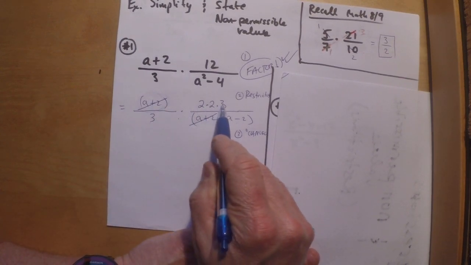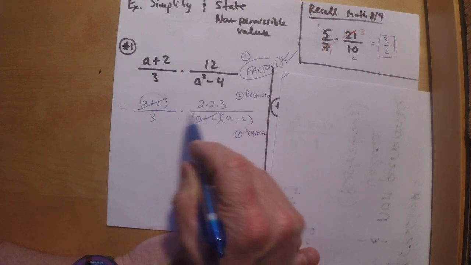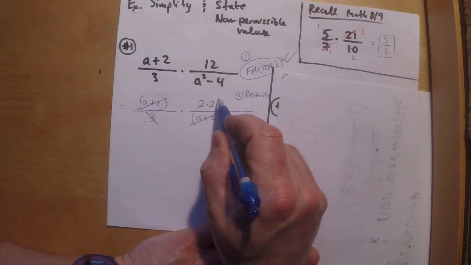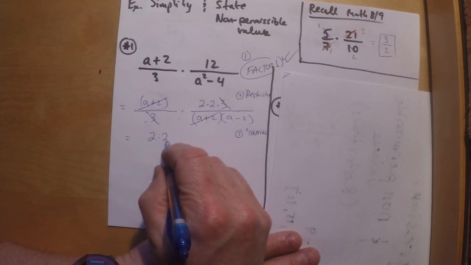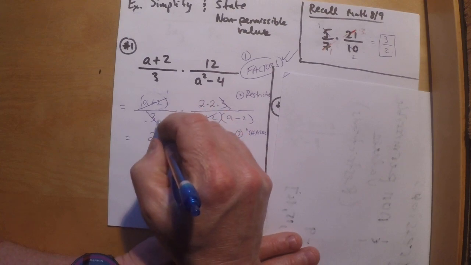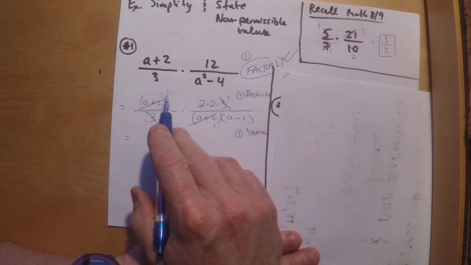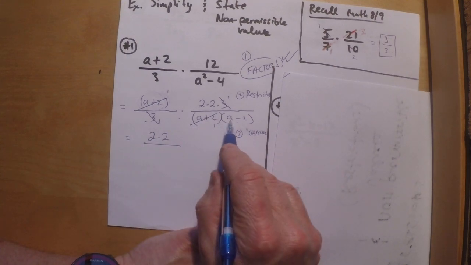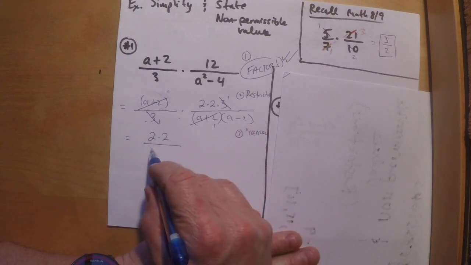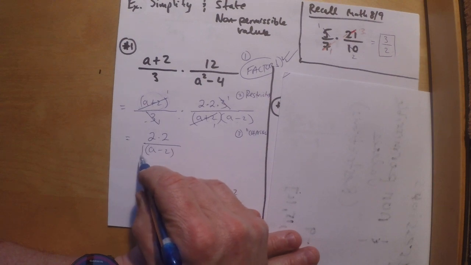This 3 can divide out with that 3 because notice it's all multiplication. Cancel, cancel. And what I'm left with is 2 times 2 on the top, because remember when these divide out completely, they're left with imaginary 1s. So that's left with 2 times 2 on top there, and the bottom's just left with a 1 times a minus 2. I could put a 1 there if I want.